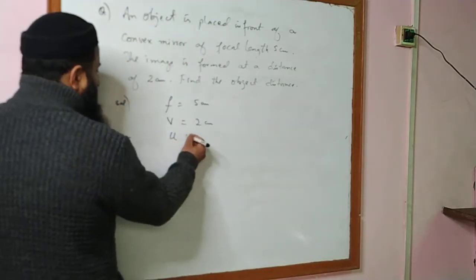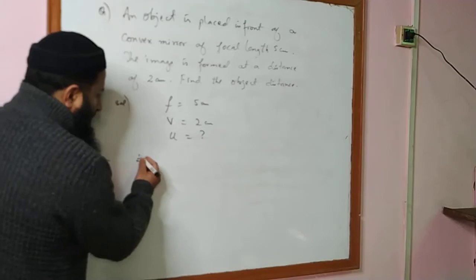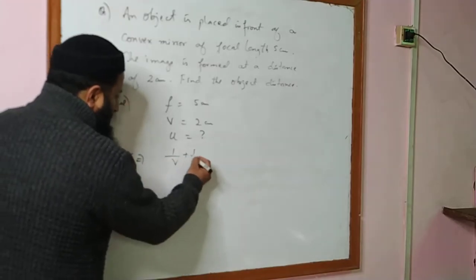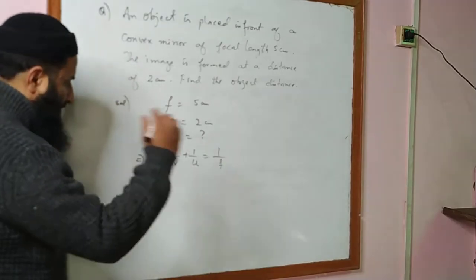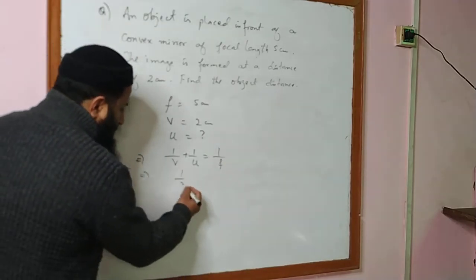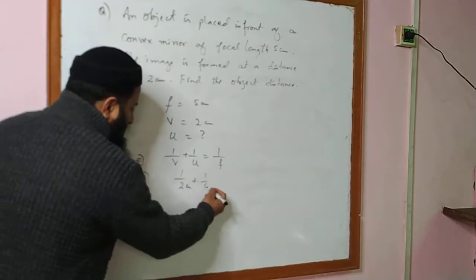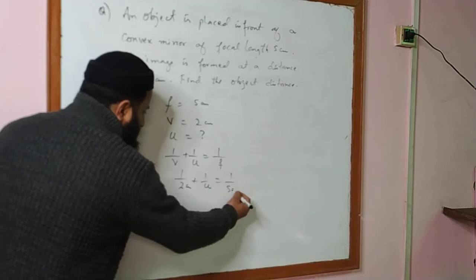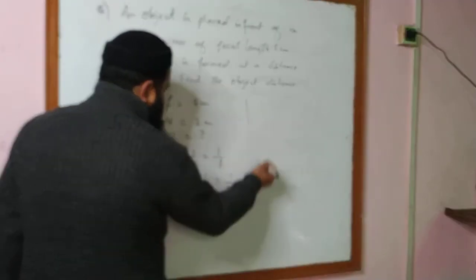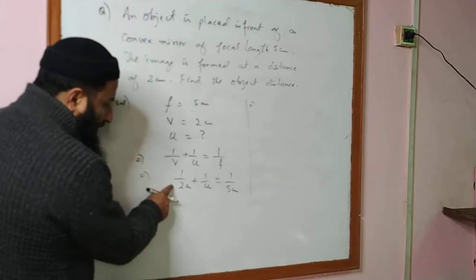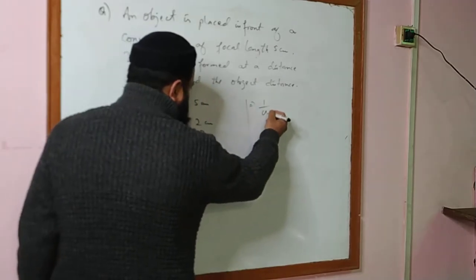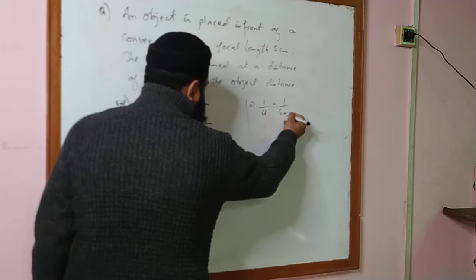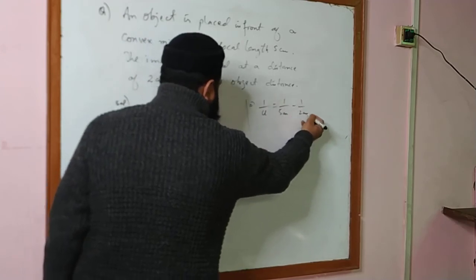We have to calculate the value of u. We know 1 upon v plus 1 upon u equals 1 upon f. It is the mirror formula. Give the respective values. It is 1 upon 2 centimeter plus 1 upon u equals 1 upon 5 centimeter. Now I will transpose this 1 upon 2 to the right. It will be 1 upon u equals 1 upon 5 centimeter minus 1 upon 2 centimeter.